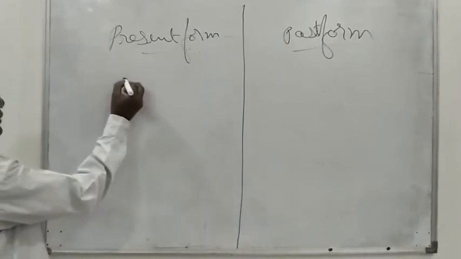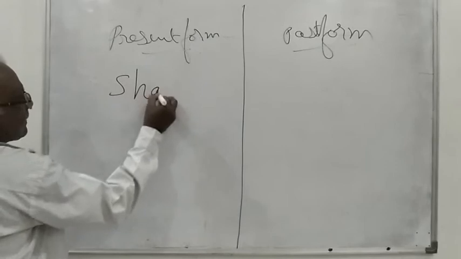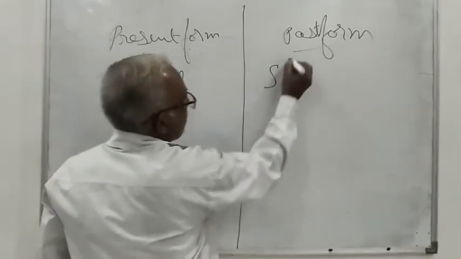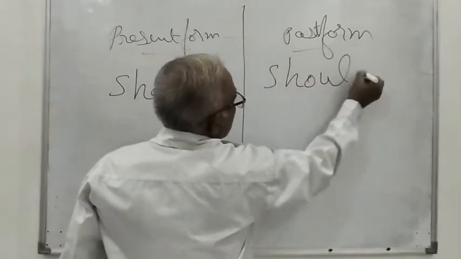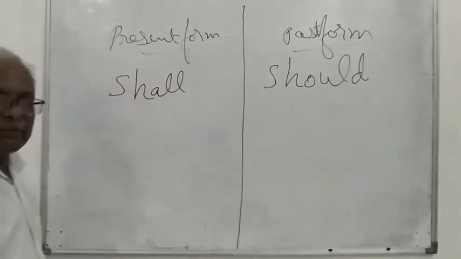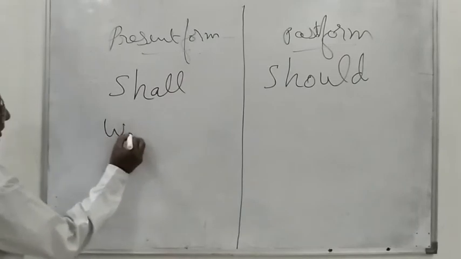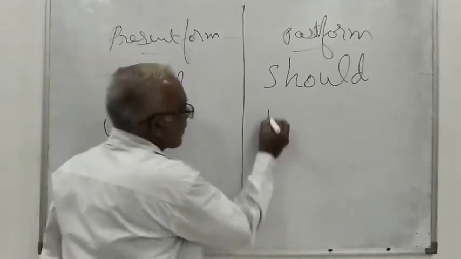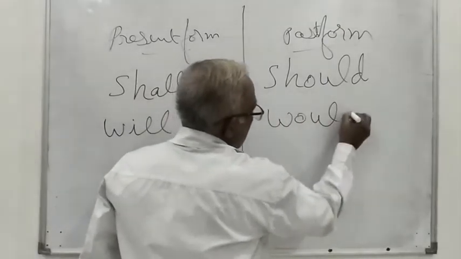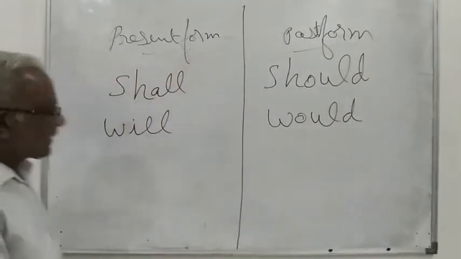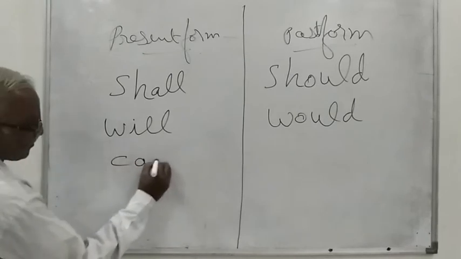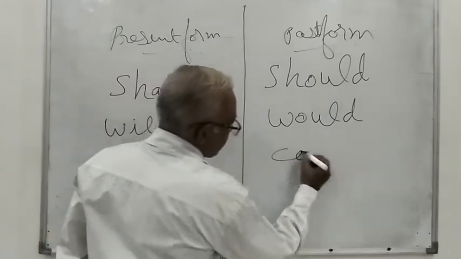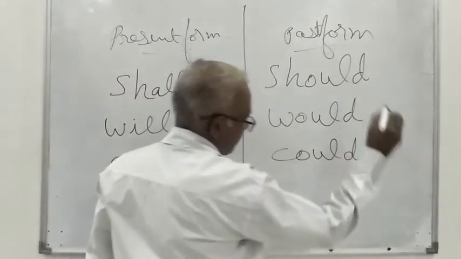For example, you say shall, and the corresponding past is should. We say will, the corresponding past is would. We say can, the corresponding past is could.